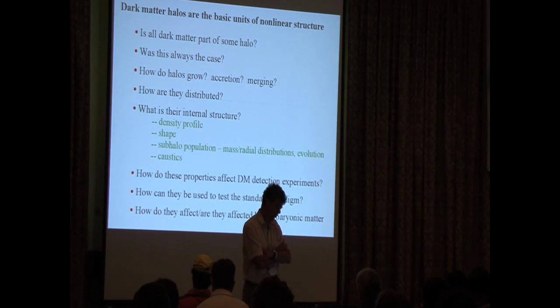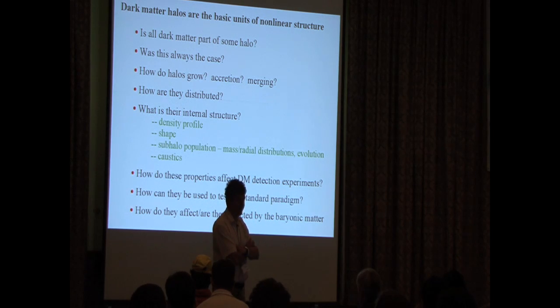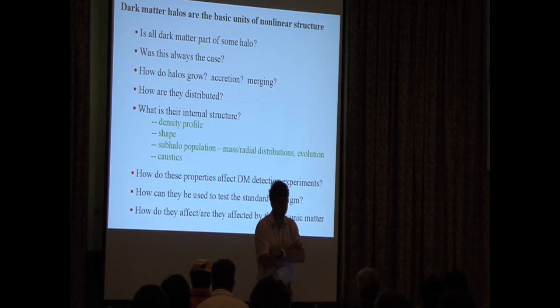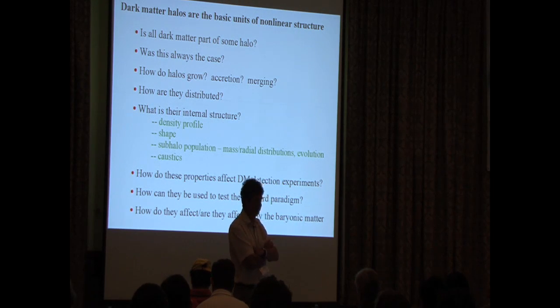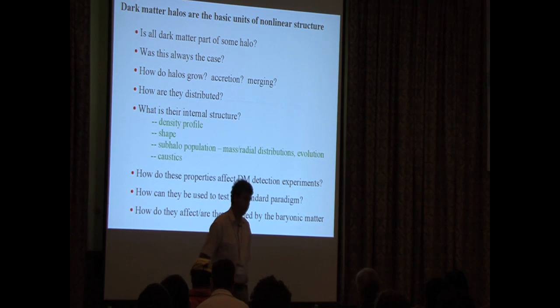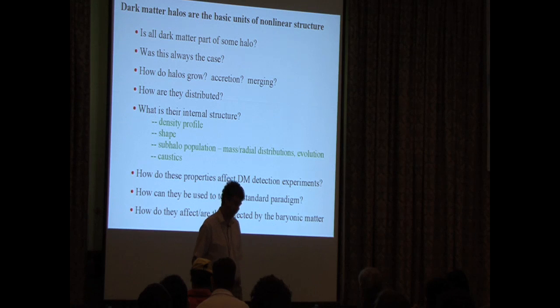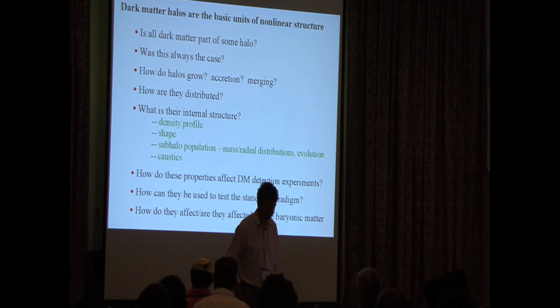Because in the end, if we're going to confirm the dark matter paradigm, we have to find some way to detect dark matter other than by its gravitational effects. I think only then will we be really convinced that this is the true solution, rather than, for example, a modified theory of gravity.